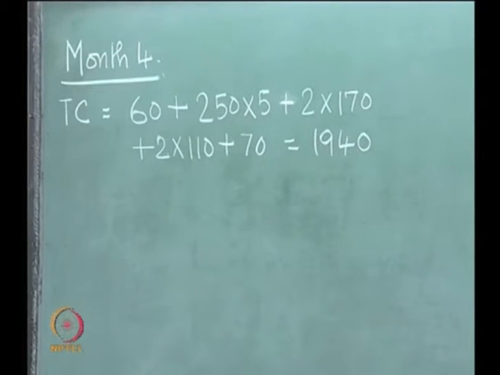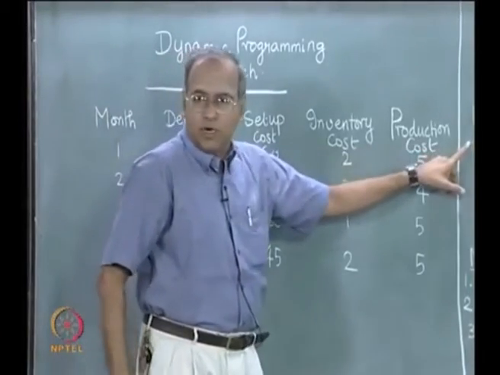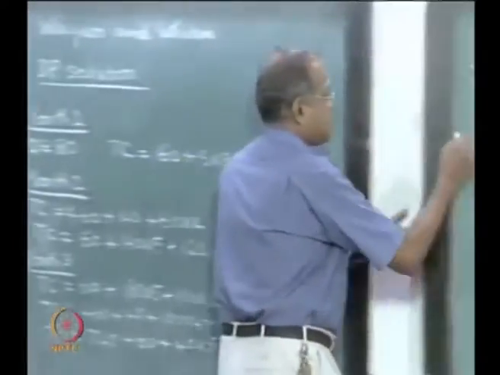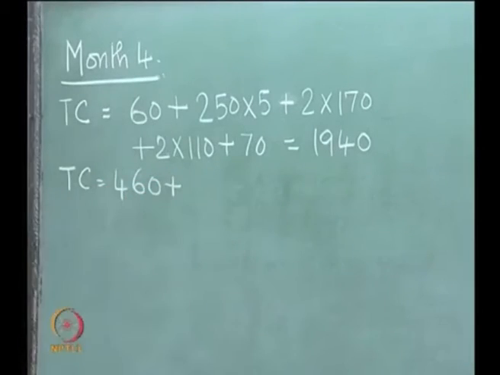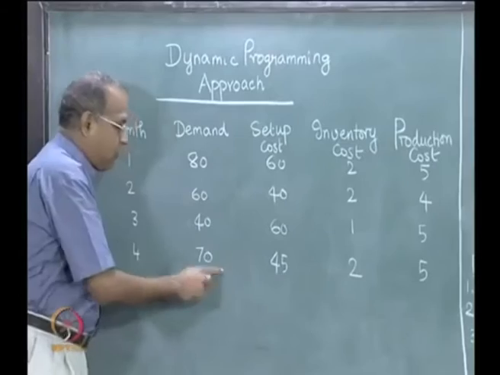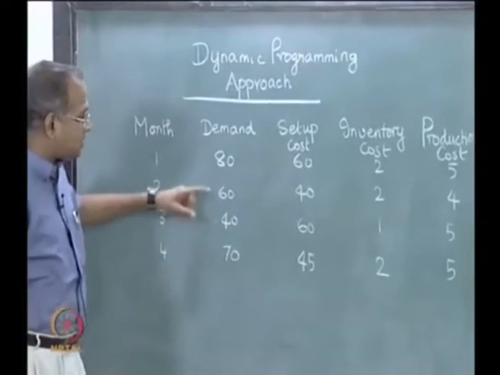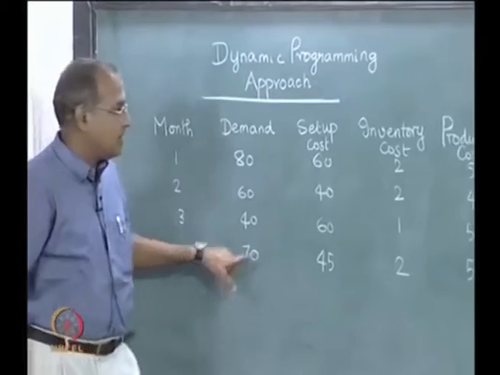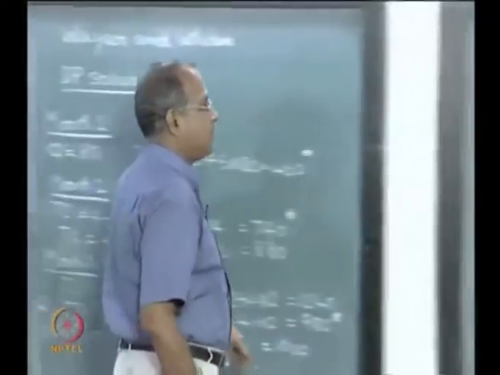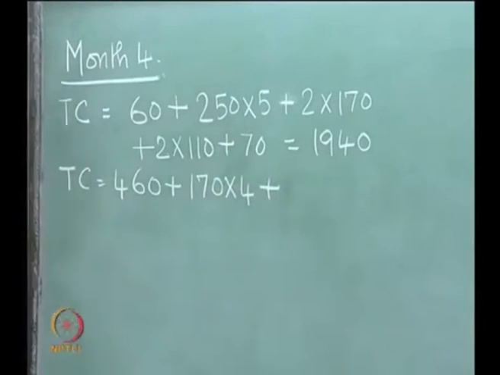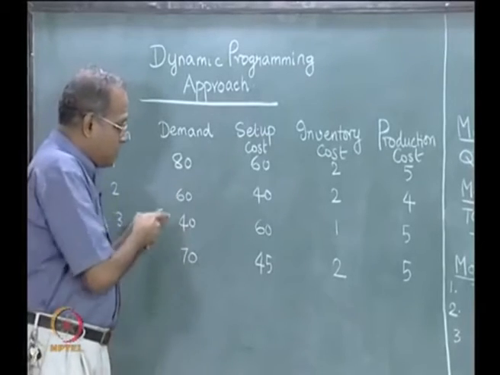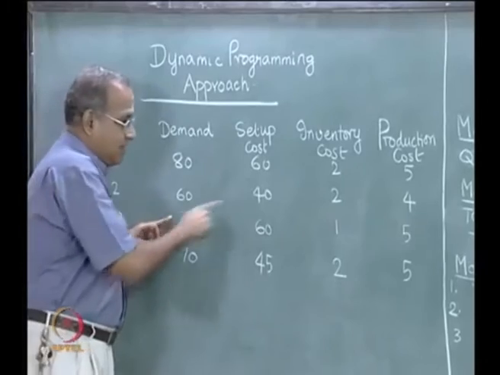Now, we look at the second one where we do up to month 1 optimally. So, you incur 460 and we produce this 2, 3 and 4 in month 2. So, production quantity is 170 into production cost is 4. So, plus 170 into 4, plus out of the 170, 60 is consumed here. So, 110 is carried, 110 into 2.